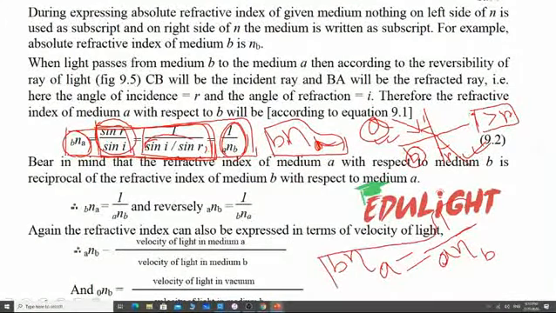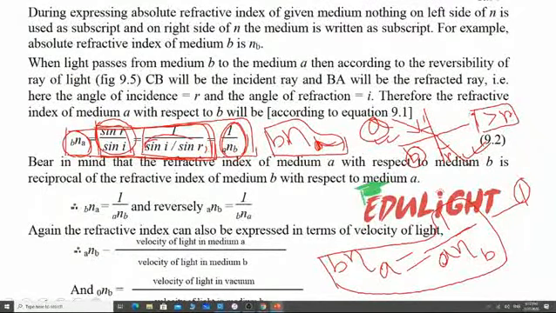So B eta A will be equal to simply 1 by A eta B. That is the first formula that is derived, and you have to memorize this. This is the first formula.